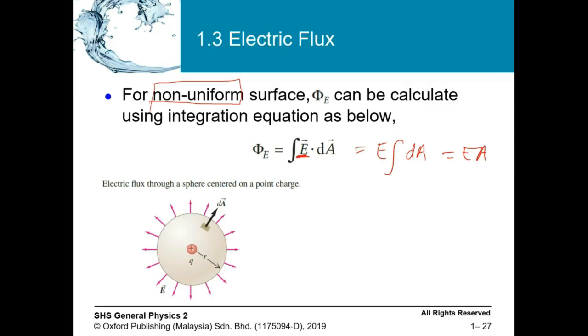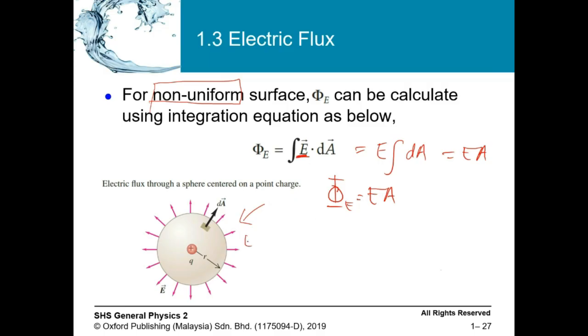Okay. So, we're not yet finished, so this will be phi is equal to E times A. Now remember, what is the electric field of a sphere? What is the formula in getting the electric field of a sphere?